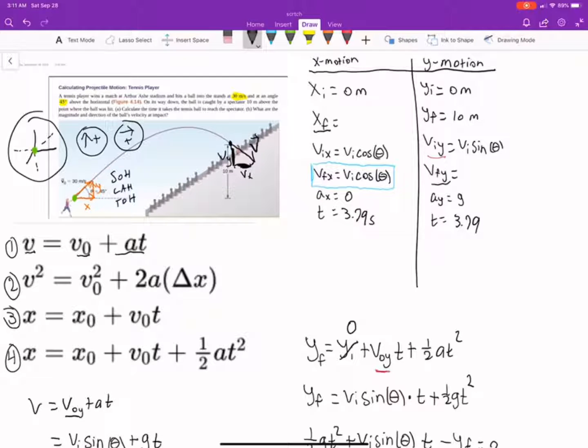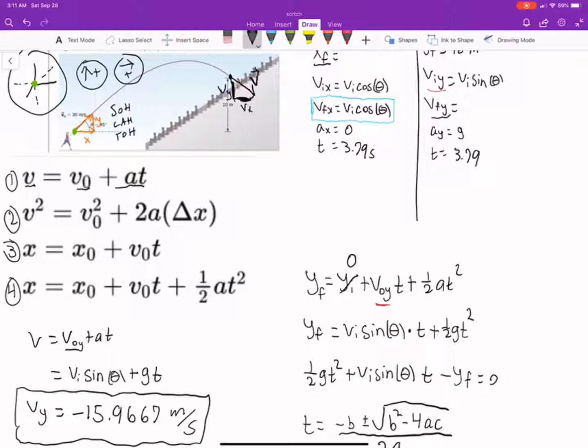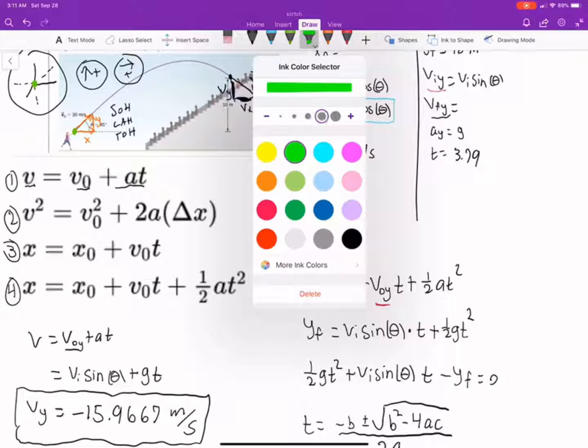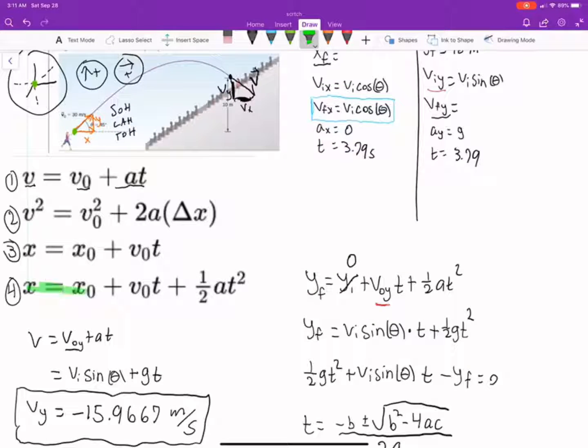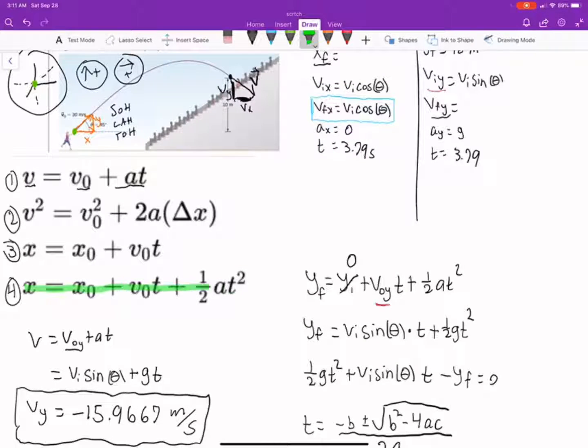We started by, well, they drew the picture for us, thankfully, but then we looked at the x direction and the y direction. And to find time, the way we did it with this, and I should mention this really quick, especially if you're going to have an exam on this, this particular equation, this quadratic, I know that's not pretty, but it's fine.